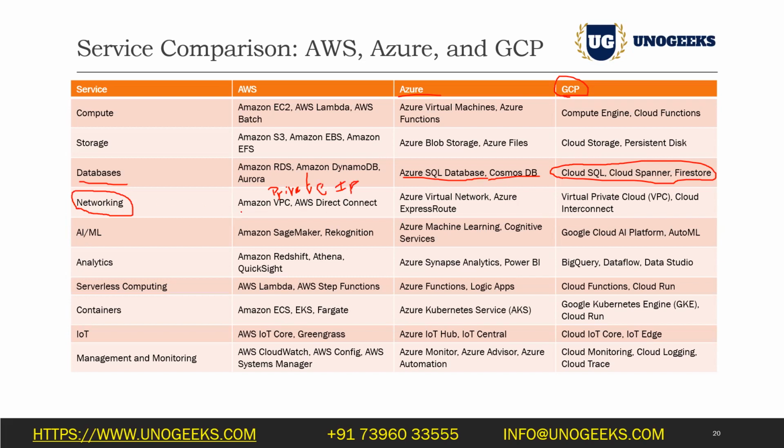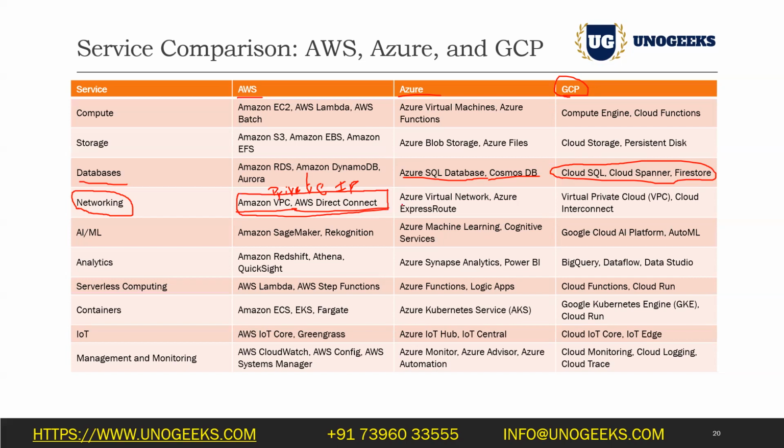So networking, we call it Amazon VPC in Amazon Web Services, and Amazon Direct Connect. Again, multiple flavors are available. I'm just highlighting a few of the important names and terminologies in AWS.